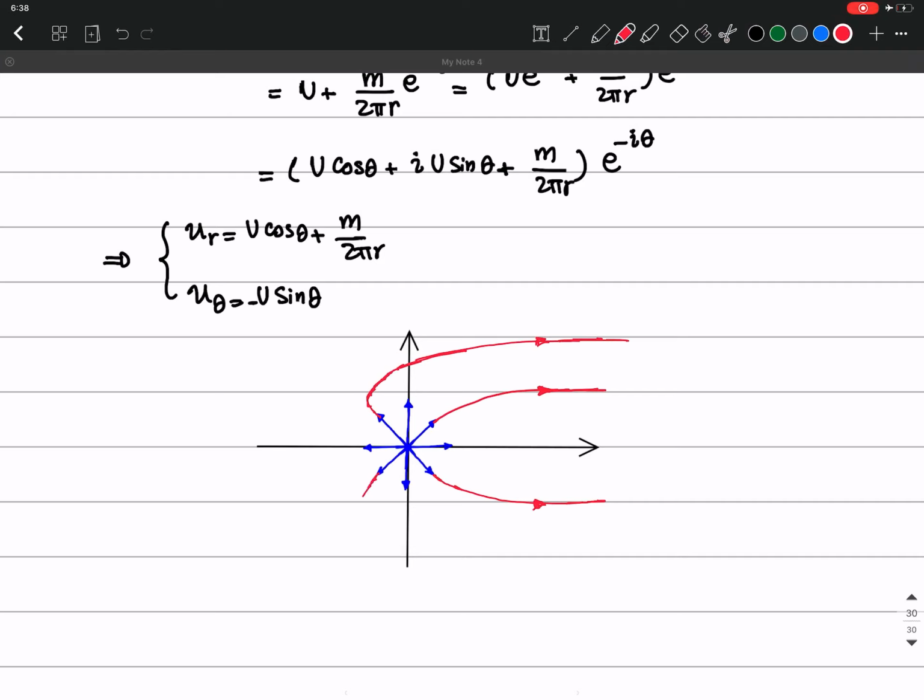Same for this component, if you want to plot it. So it's going to look like this. And this one is just going to go this way, right? Because it's in the direction of the uniform flow. And then we can have other components, like here. It can have something like this.